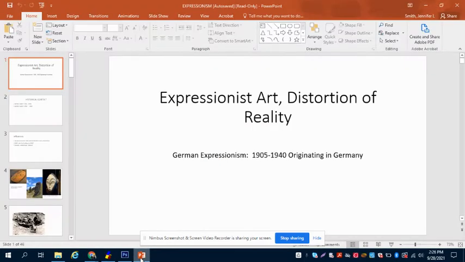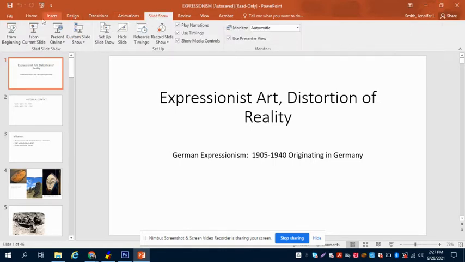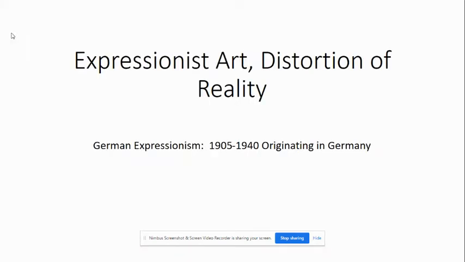Okay, so we are studying a style of art that was developed in Germany starting around 1905 and going through the start of World War II, called German Expressionism.